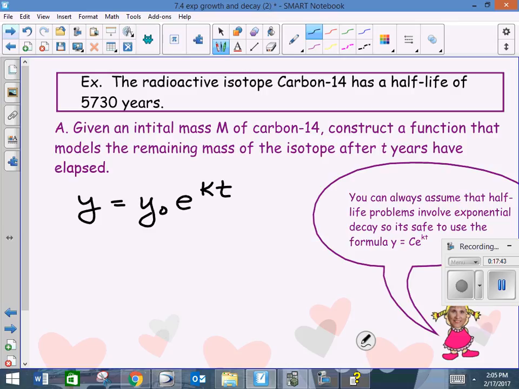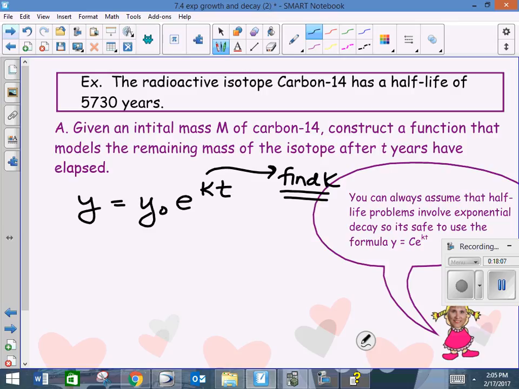That's where you should start. What are we going to do to find k? That's really all that's missing in any kind of growth and decay problem, is to find our k. Okay, what are we going to use? A half-life. We have a half-life of 5,730 years. So what do we want to do?